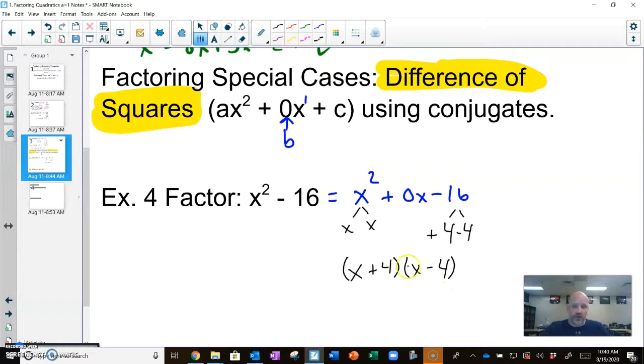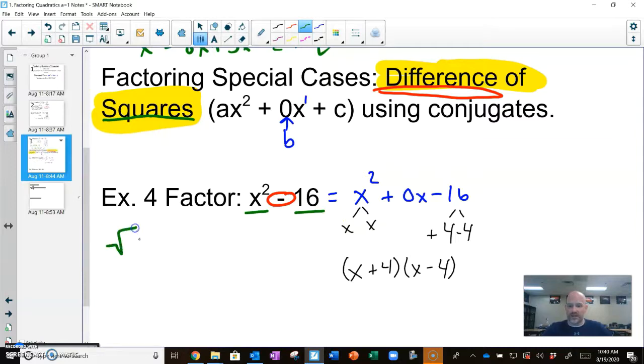Or we could recognize that there's something very special here when it says difference. What do I have right here? A minus sign. And then it says squares. So this is a perfect square. 16 is a perfect square.